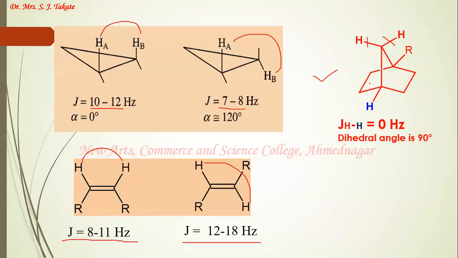This is because this bridgehead hydrogen makes a dihedral angle of 90 degree with these two hydrogens, and therefore there is no coupling between the protons here. So this is how the dihedral angle can help you to find out the geometry or stereochemistry of the molecules.